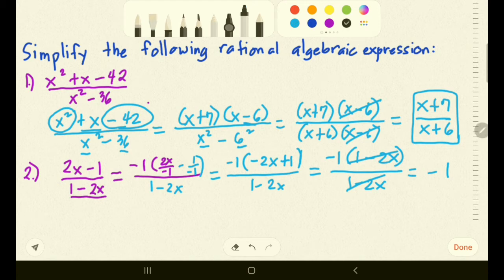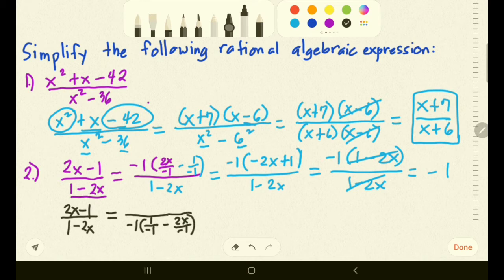I will give you another scenario. So, 2x minus 1 over 1 minus 2x. Above, class, you factored negative 1 for the numerator. How about factoring negative 1 for the denominator? Let's do that. So, 1 divided by negative 1, minus 2x divided by negative 1.